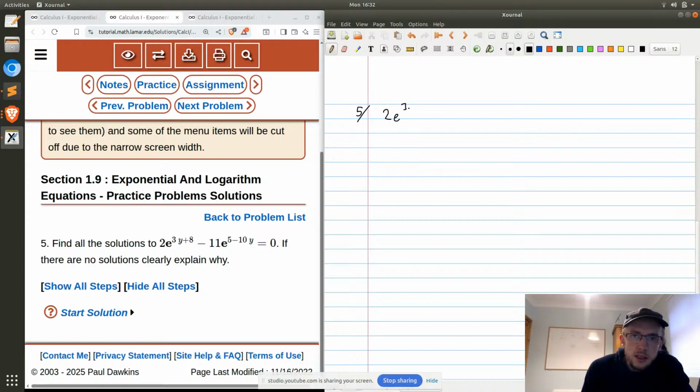We've got 2e to the 3y plus 8 equal to 11e to the 5 take 10y. And we can divide both sides by 2. And then we could take natural logs of both sides, but hold on, no, we can't because of this guy here, right? But 11 over 2 is just e to some power, isn't it?